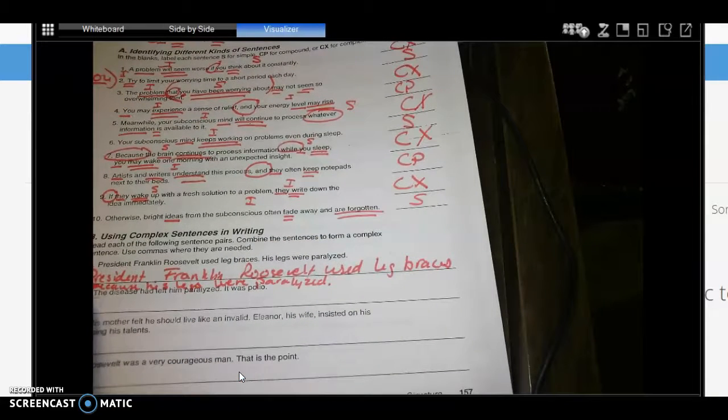Okay, so notice I used the because here, because his legs were paralyzed. Okay, and I created a complex sentence.